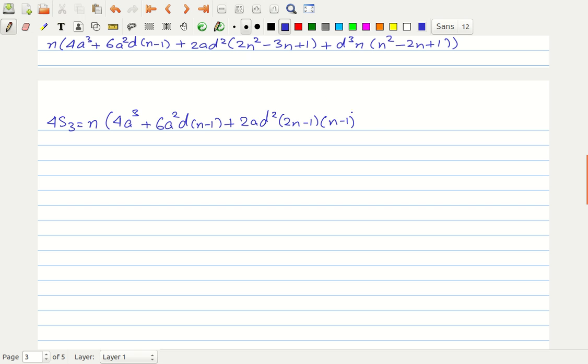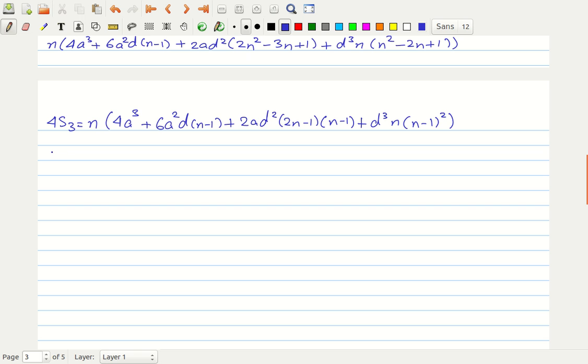Okay, this can be factorized, plus d cube n, and n square minus 2n plus 1 can be written as n minus 1 square.